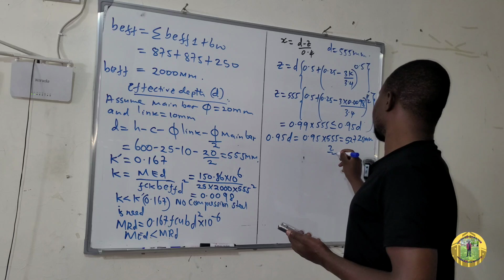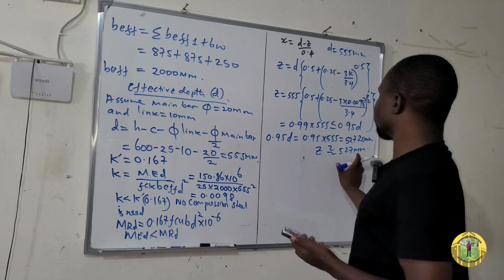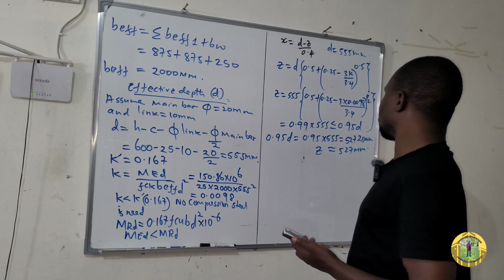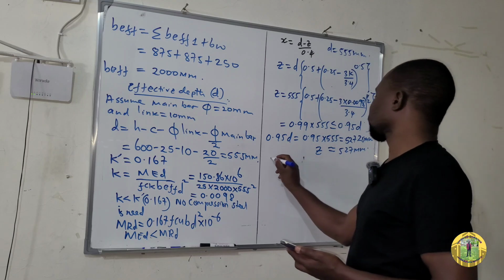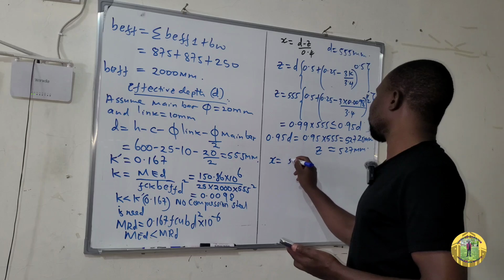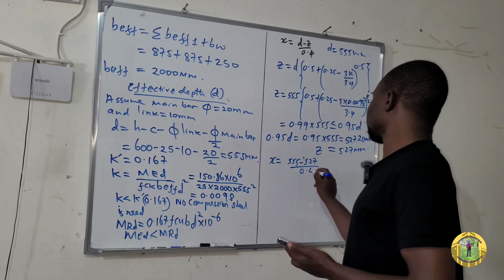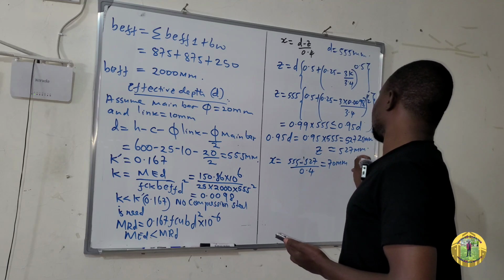So make it 527 millimeters. So this is Z is equal to 527 millimeters. So X, you go back to X is equal to D, which is 3.5 minus 527 all over 0.4. So this is equal to 70 millimeters.